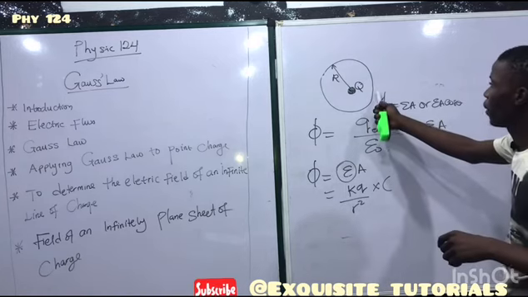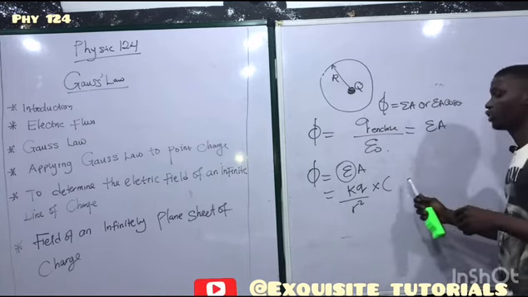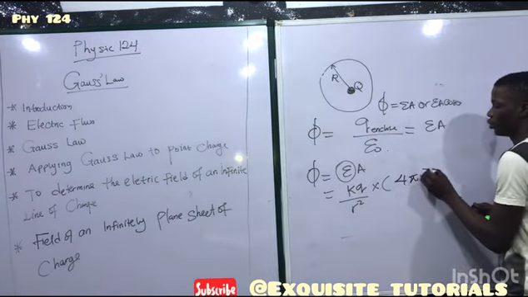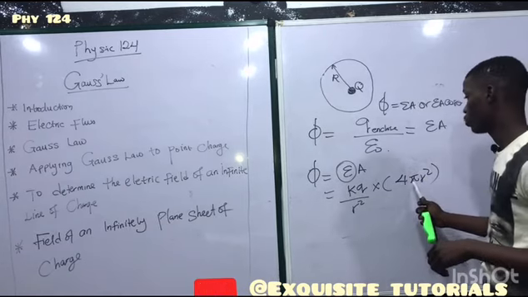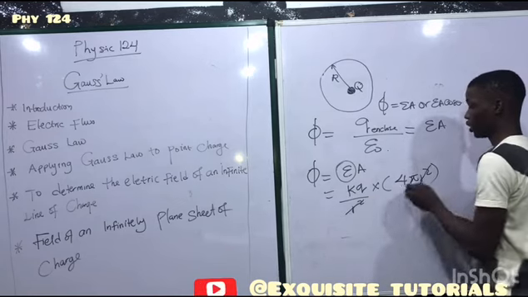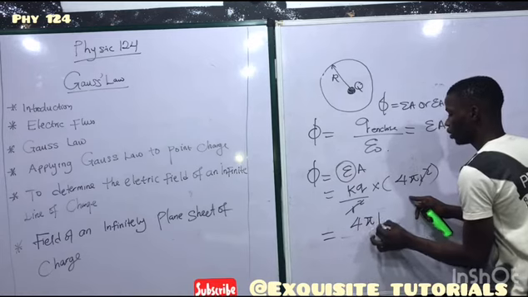So if we are considering the sphere as our point of view, the surface area of a sphere is equal to 4 pi r squared. So definitely this r squared will cancel this r squared. We will now be left with 4 pi kq.